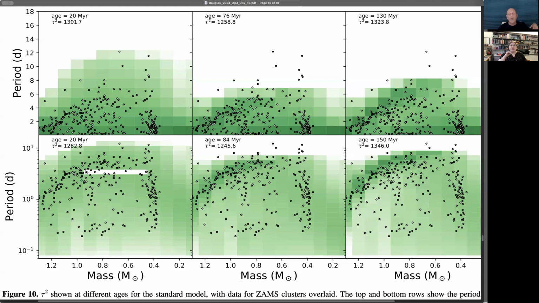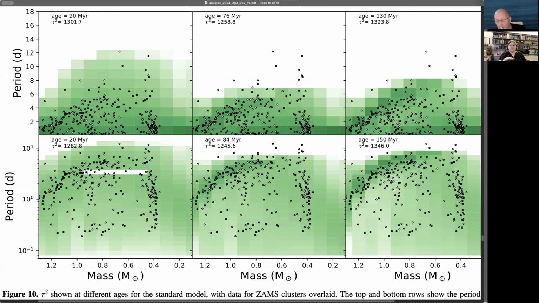Okay. And so this is good because we want to develop a concentrated slow rotator sequence in the model to match the data. And then all the way on the right, when you get to older models, you can see that slow rotator sequence is actually even more pronounced, but it started to move slower than the data itself.